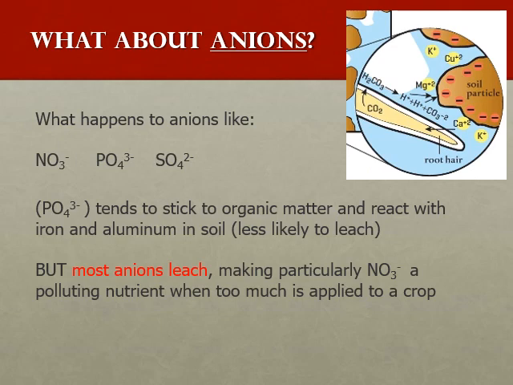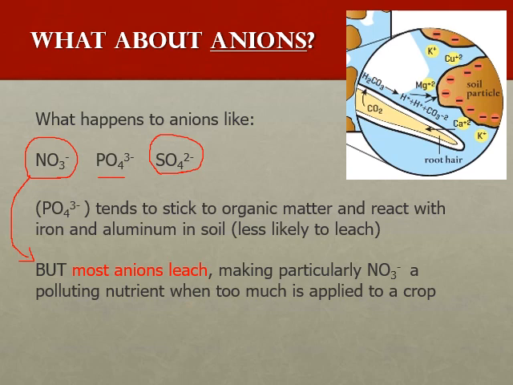So you might be asking, what happens to negatively charged nutrients? I mentioned nitrate and phosphate and sulfate. The reality is that sulfates and nitrates pass right through the soil. There's really nothing to hold them there. And they are, especially nitrates, one of the big causes for pollution, in the sense that agriculturalists over apply nitrogen because they think, well, if I just add more, I get more yield.